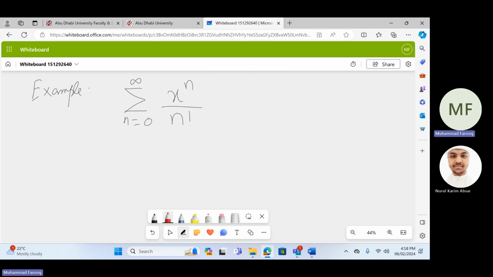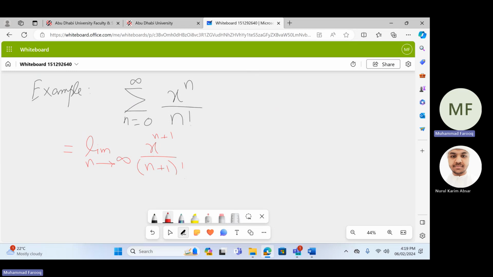Start now. The limit as n approaches infinity of a sub n plus 1, so x power n plus 1 divided by n plus 1 factorial. This is my a sub n plus 1 term.